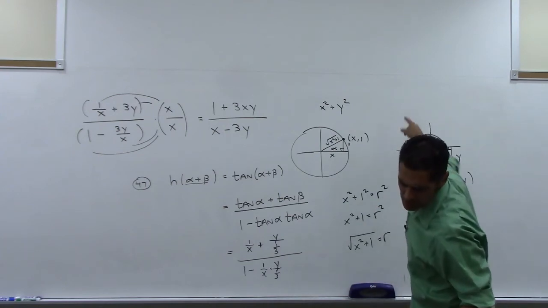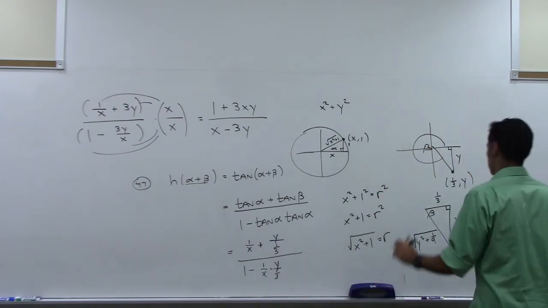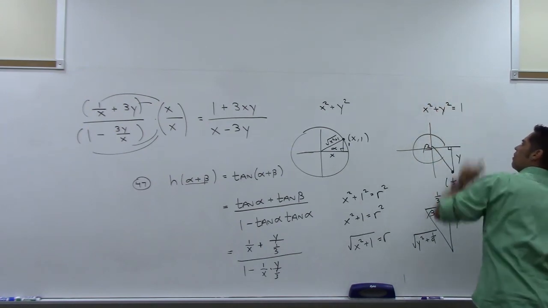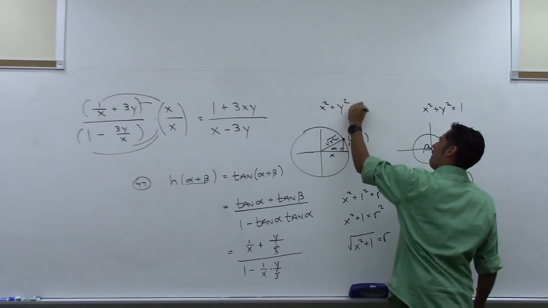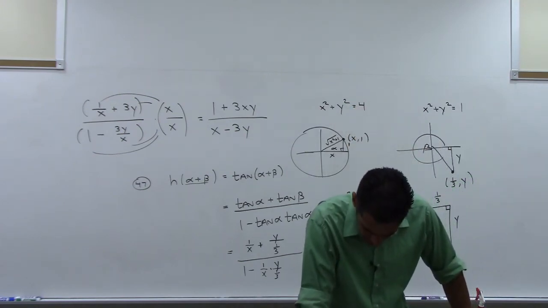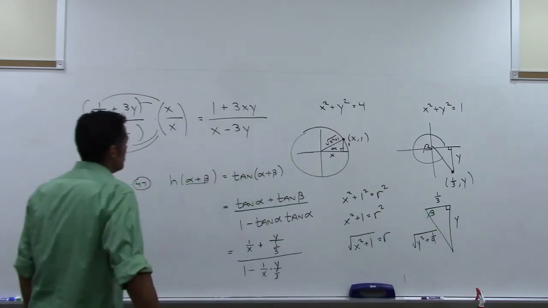And here they give you x squared plus y squared equals 1. Right? Just make sure I copy this down right. Okay, so they give you that information.